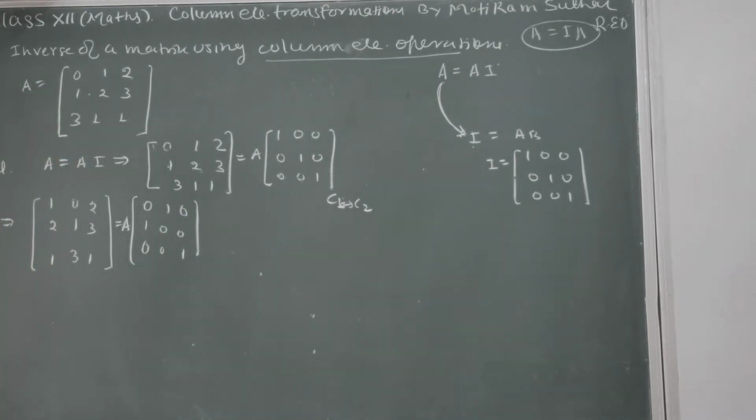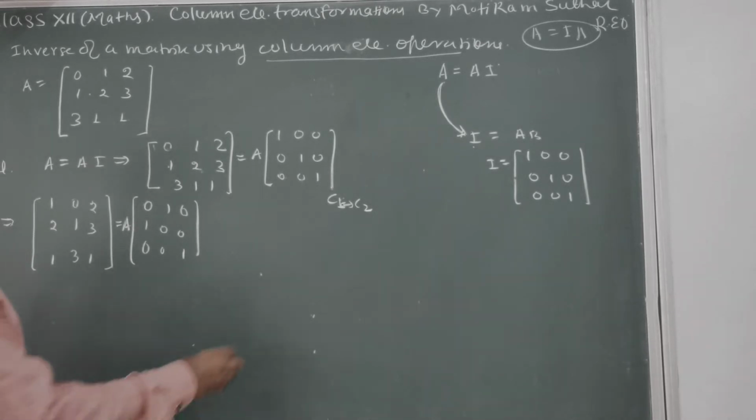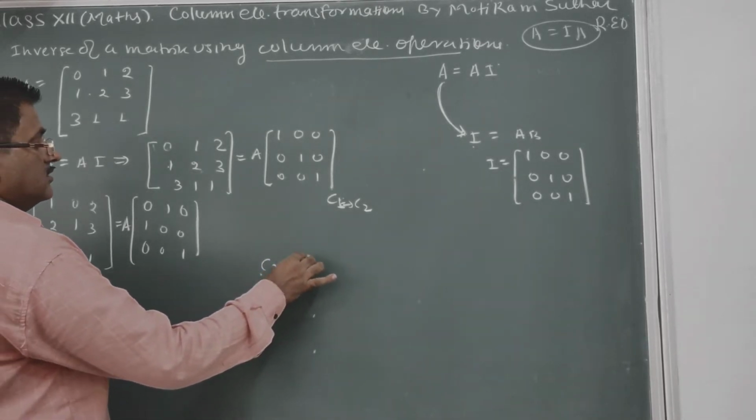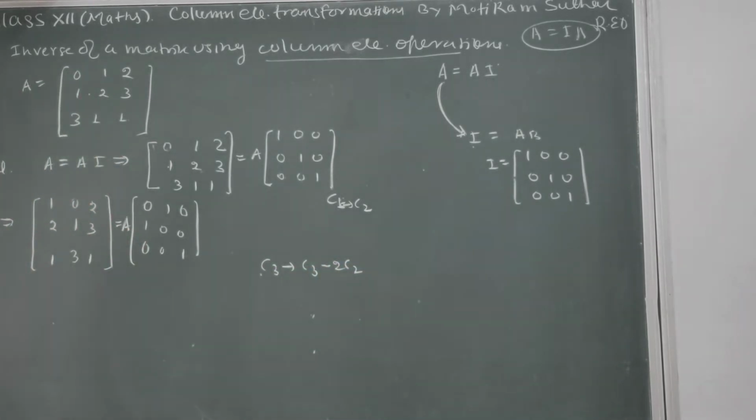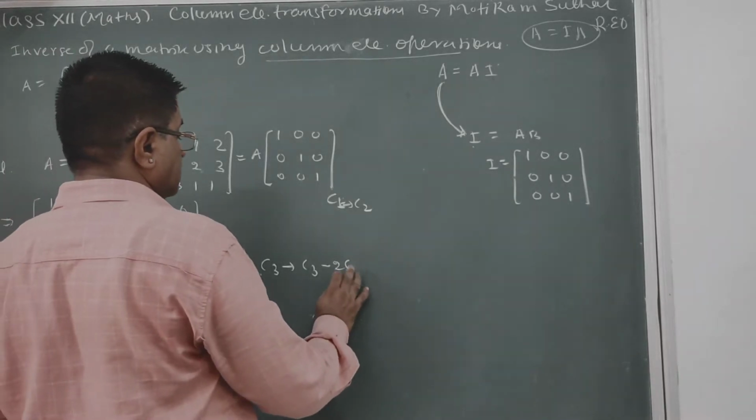This is the step. Now we can use the column third. Third can be written as C3 as C3 minus twice of C1.